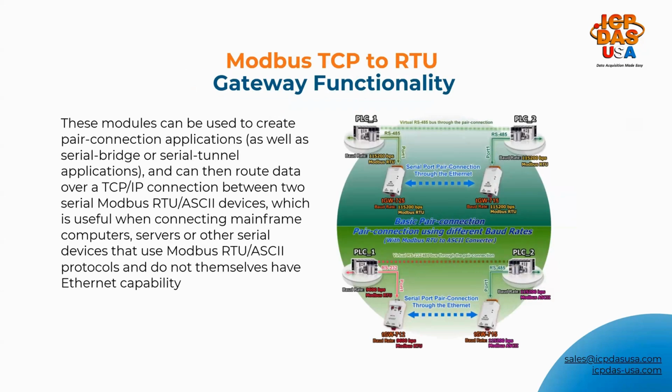These modules act as virtual serial cables over Ethernet, enabling pair connection, serial bridge, or serial tunnel setups. By routing Modbus RTU/ASCII data over TCP/IP, they provide a simple way to link legacy serial devices such as mainframes or servers across networks, even when those devices lack native Ethernet support.